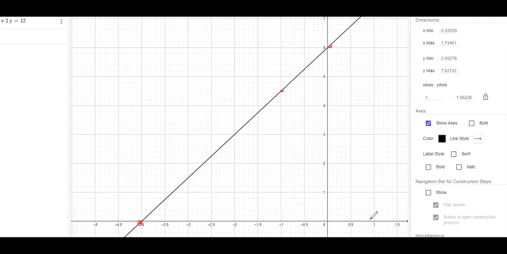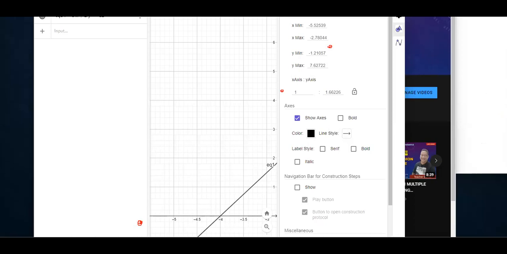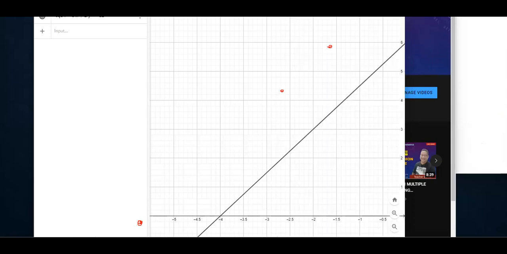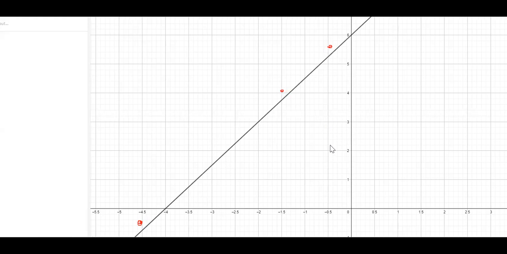If x is 2, oh, it's here, but I did not show it anymore. No, I have shown it actually, but how can I remove this one again? Hold on. Let me just try to remove this. There you go.